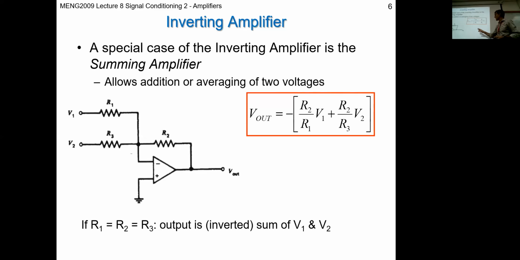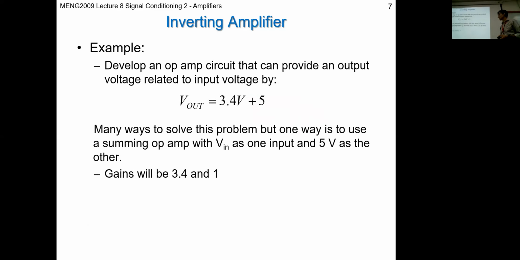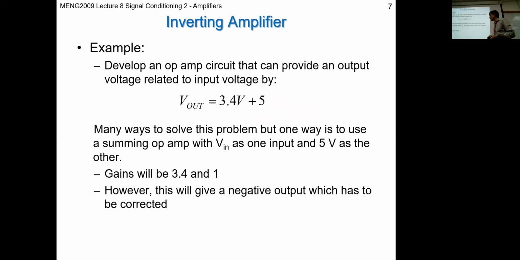Now, the only thing is you do have to deal with the negative aspect of it if we're going to use this. So our gains will be 3.4 for this path, so the input resistor will be 1 upon 3.4 of the feedback resistor. And this one is going to have a gain of 1.